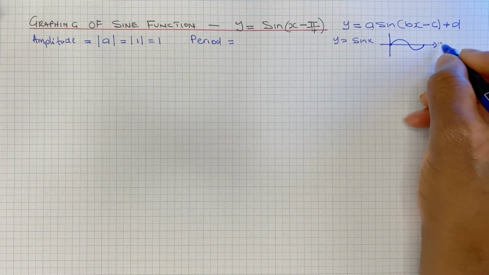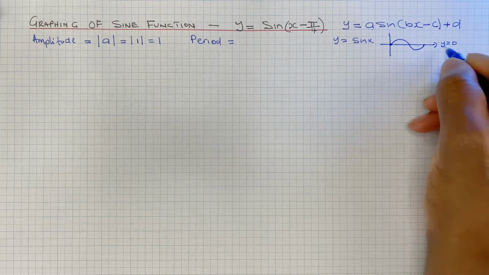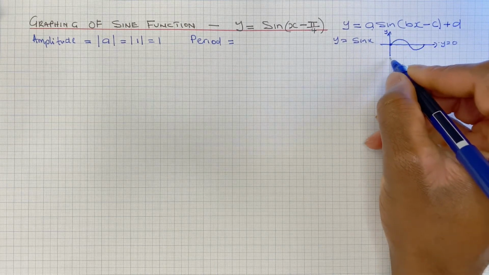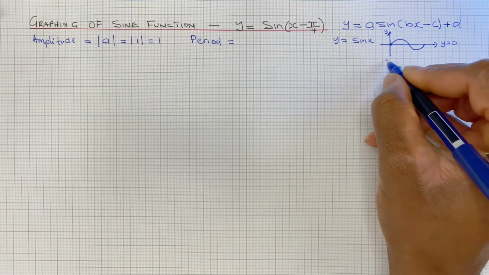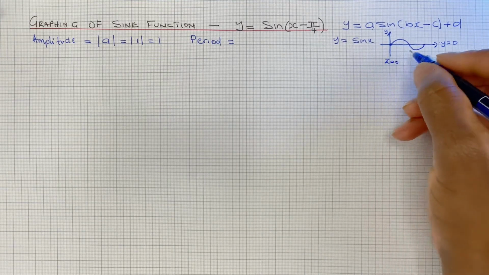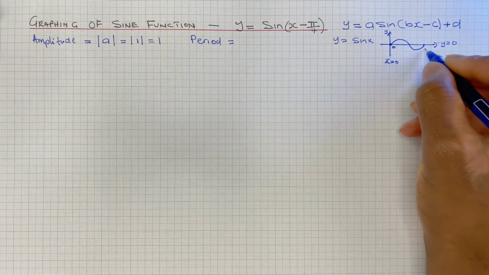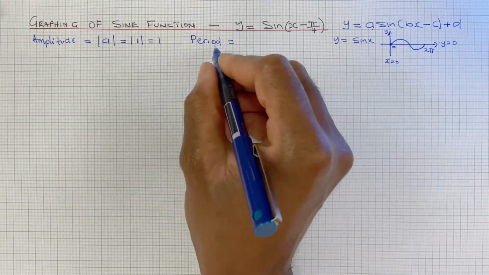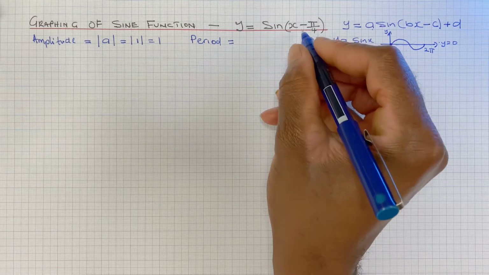This is the x-axis where y equals 0, and this is the y-axis, where x equals 0. You can see it starts at 0 and finishes at 2 pi. That's one period.